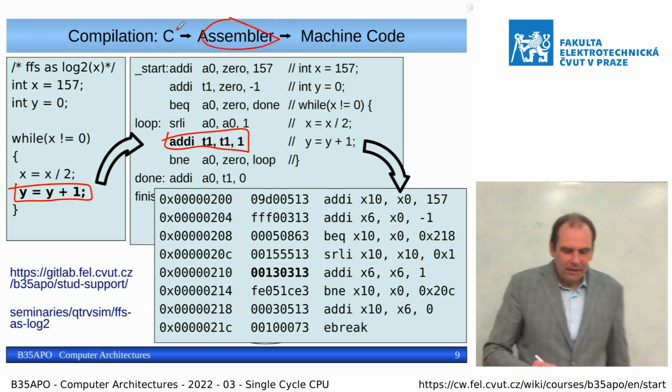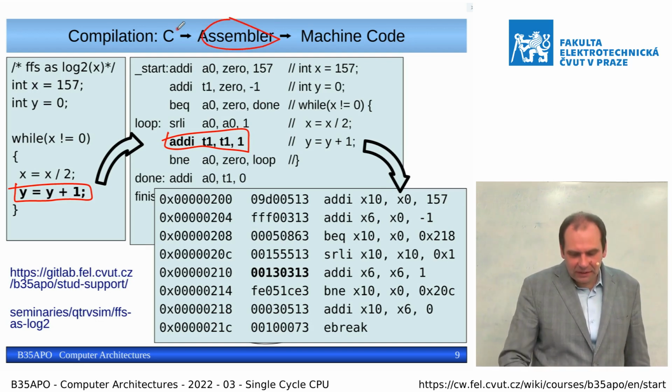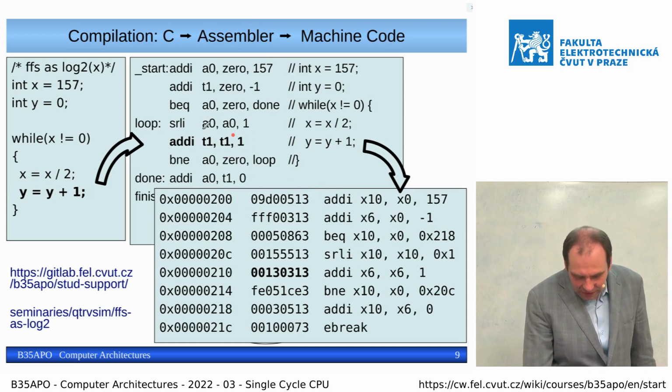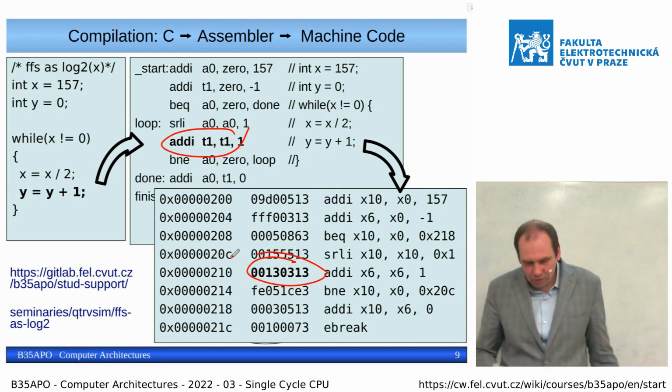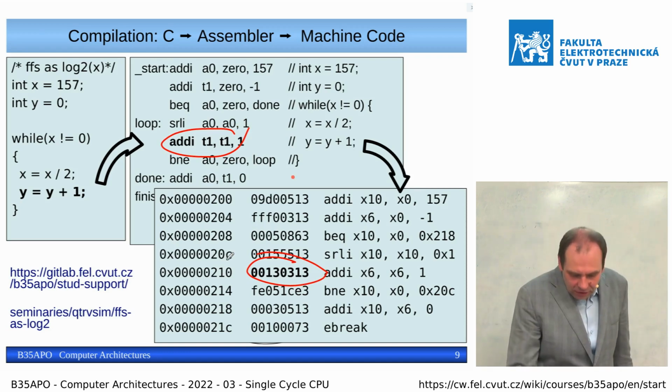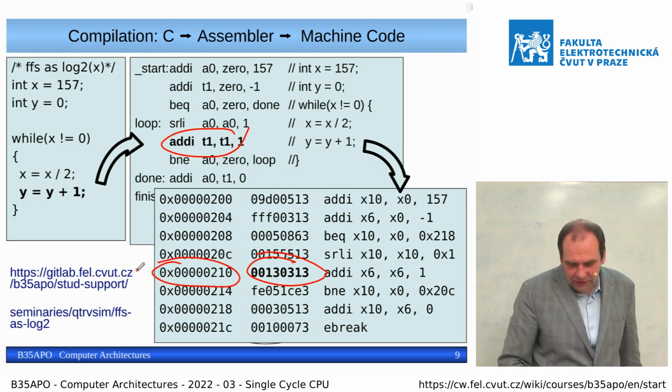And this code is then translated to the actual binary encoding of the instruction. So we can find that this instruction is encoded as this combination of bits, or in hexadecimal, it is not important. And it is stored, in this case, on this address.